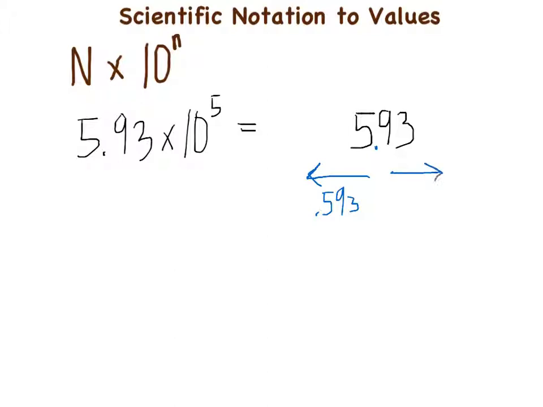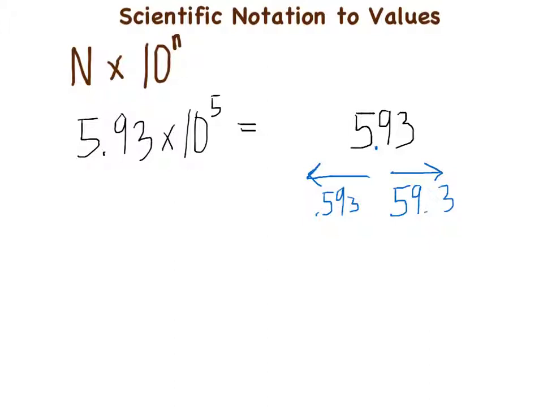Moving it to the right one space would be 59.3, making it a bigger number. So moving to the left one space will make it 0.593, a smaller number than the original. Moving to the right will make it 59.3, a larger number than the original.